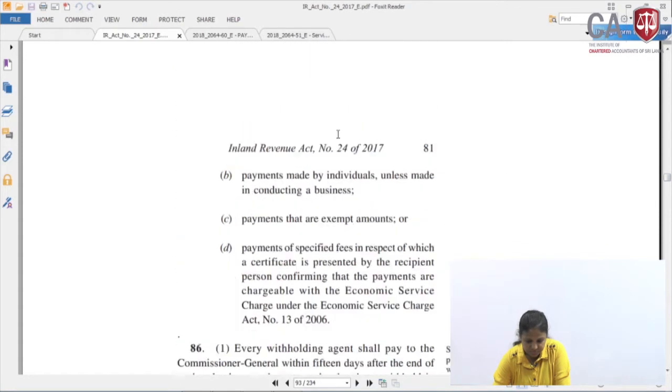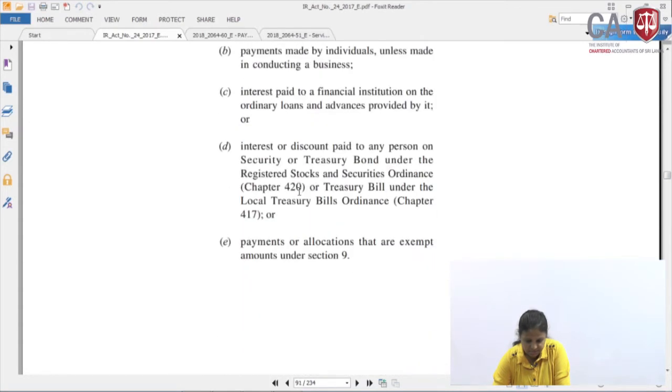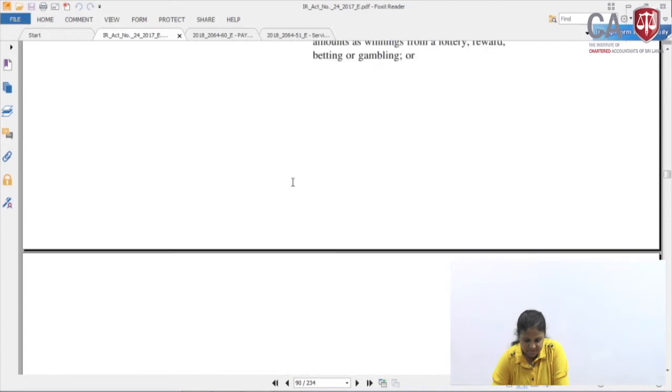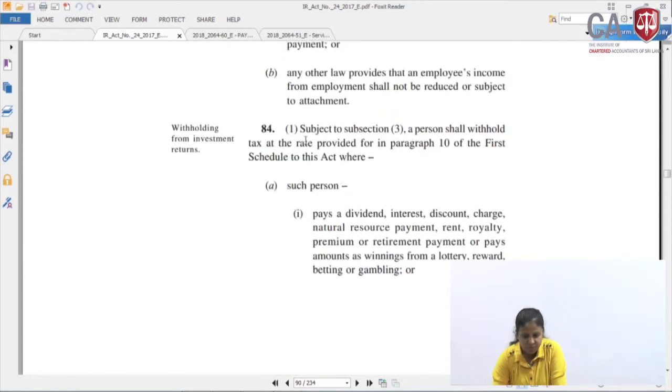Now see, this is section 84. In that you can see section 84 subsection 1, paragraph A Roman 1, talking about all these things: dividend, interest, discount, charges, natural resource payment, rent, royalty, premium, all these things. The rate has a link to paragraph 10 of the first schedule to the Act.